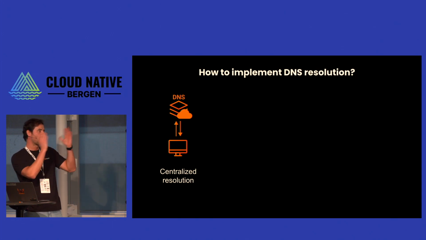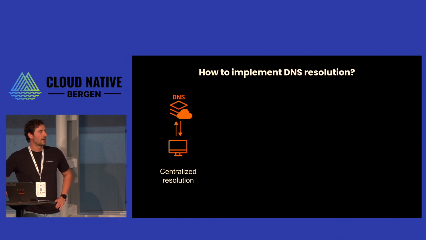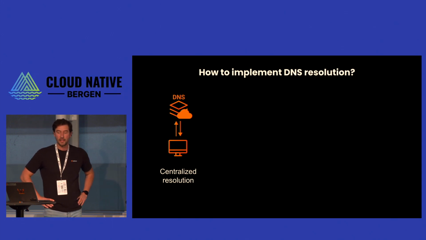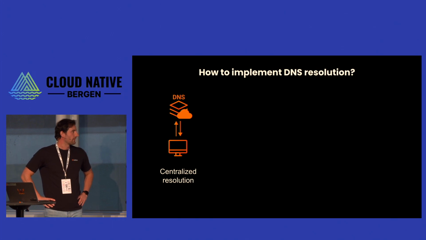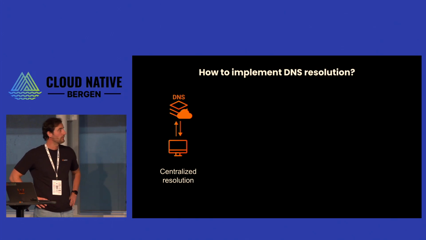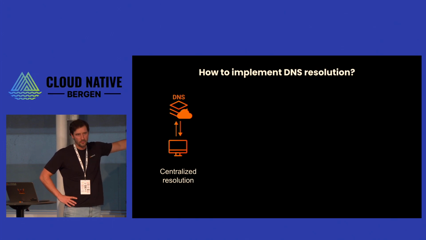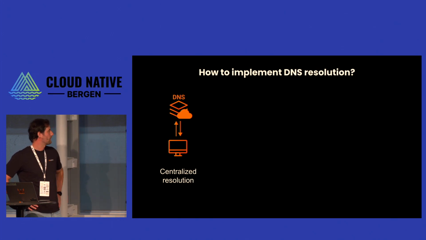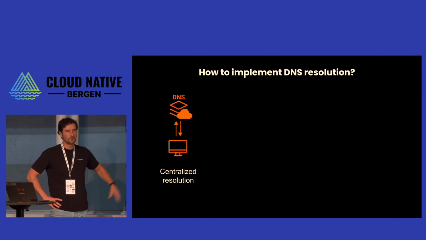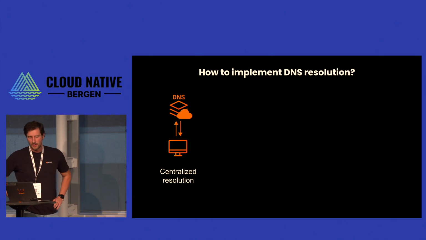You run a server somewhere, and it resolves the names by clients calling this server. Given our scale, and we have millions of devices, that would be a problem. We would have to solve another problem of scalability of this machine, and it's also a dependency, so the clients have to always communicate with this external service.